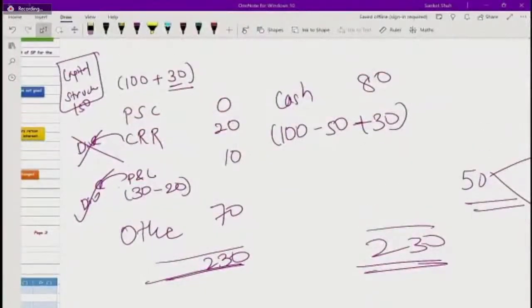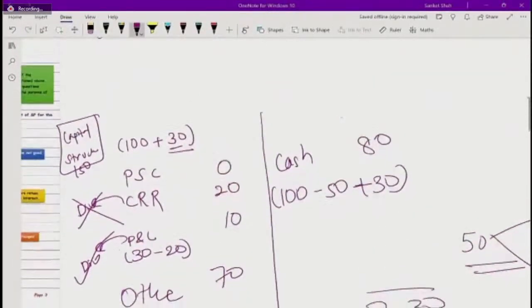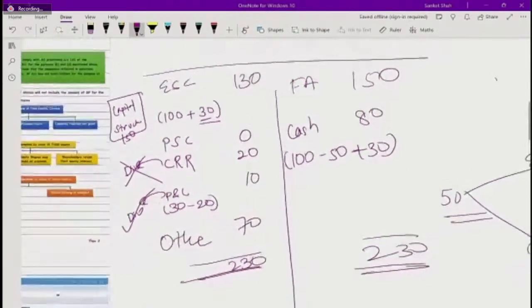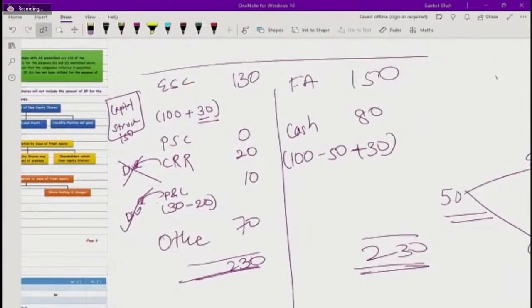Correct answer is 230. Equity share capital 130. And fixed asset 180, 150, and cash is 80.